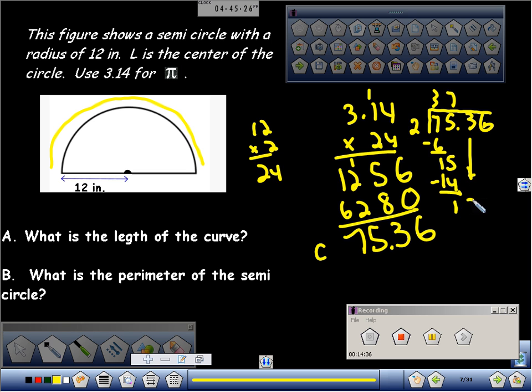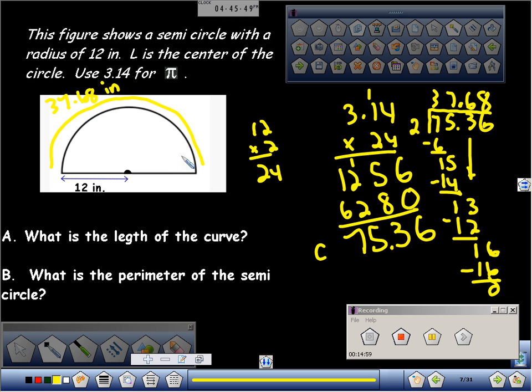Bring down the 3. 2 goes into 13 6 times. 6 times 2 is 12. Subtract to get 1. Bring down the 6. 2 goes into 16 8 times. 8 times 2 is 16. So the length of the curve is 37 and 68 hundredths. 37 and 68 hundredths inches.